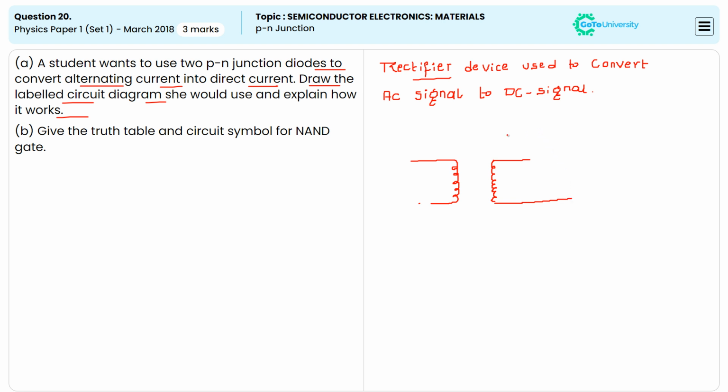For this one, I am going to connect two PN junctions to the secondary, the first one and the second one from here.